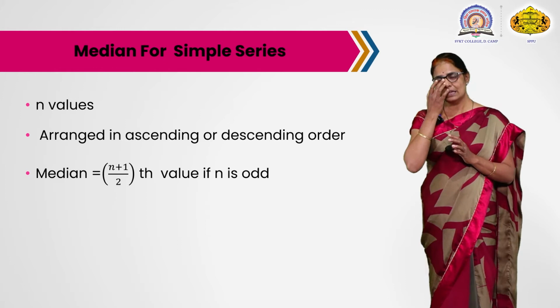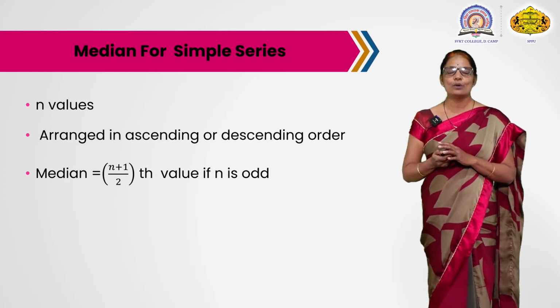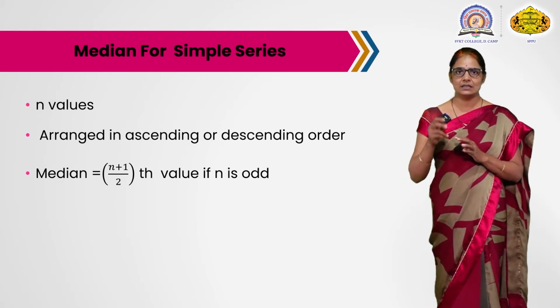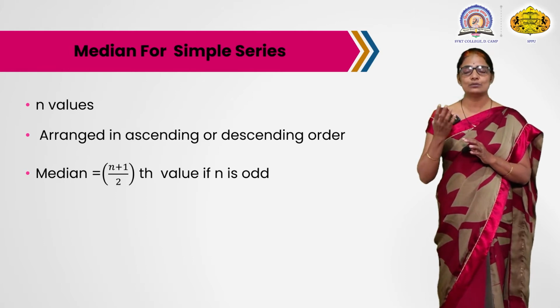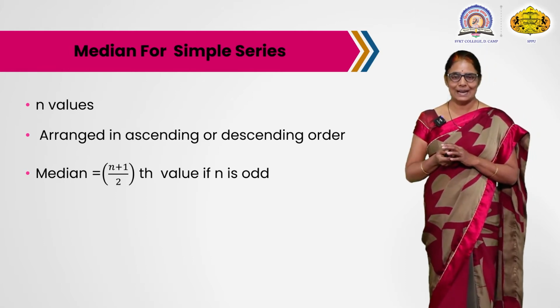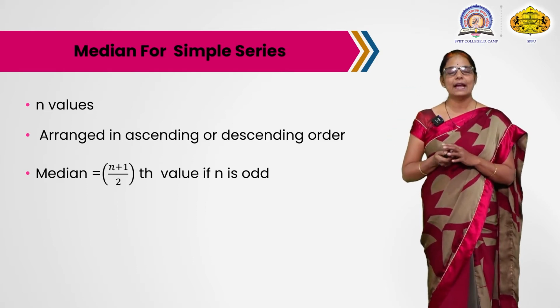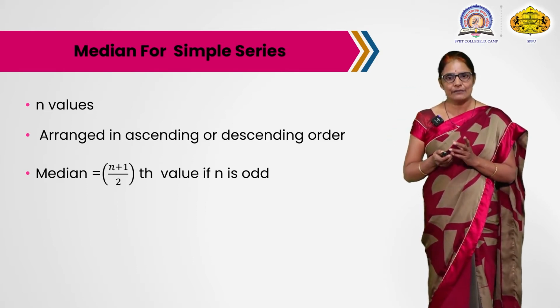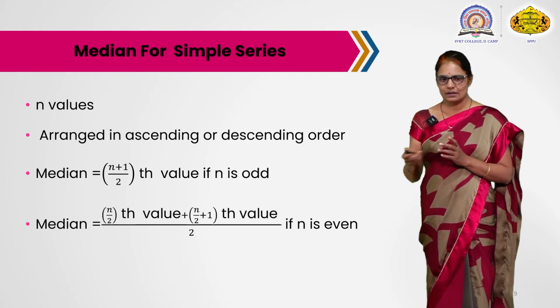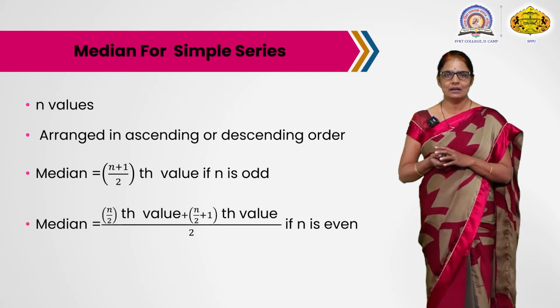And if n is even, in that case there are two middlemost observations, and that is why we consider the average of those two middlemost observations. So in that case we calculate the median by using this formula.